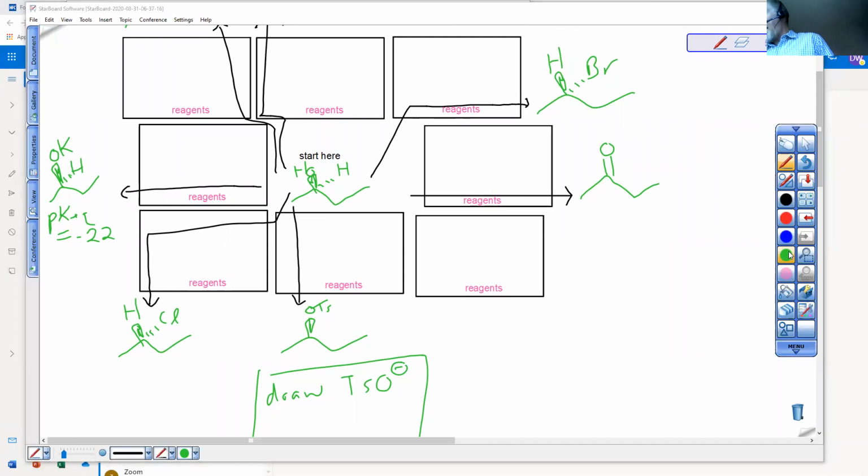And one more reaction of alcohols. Take it another step here.